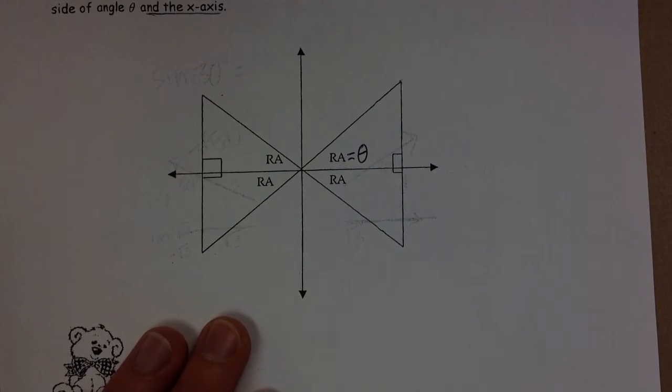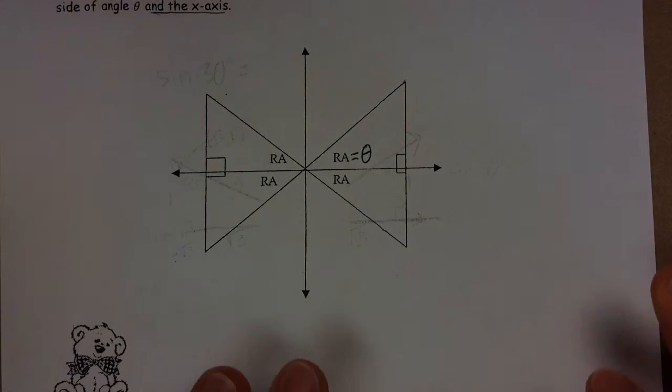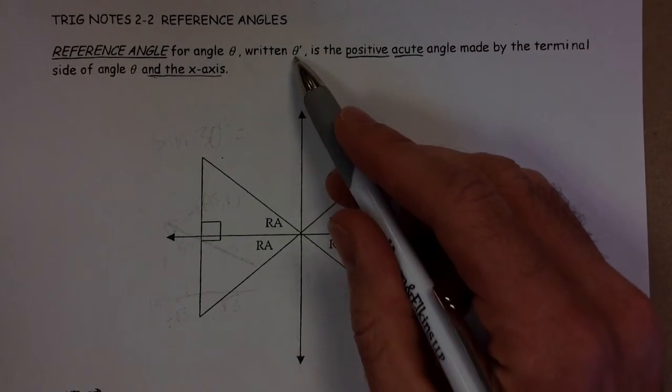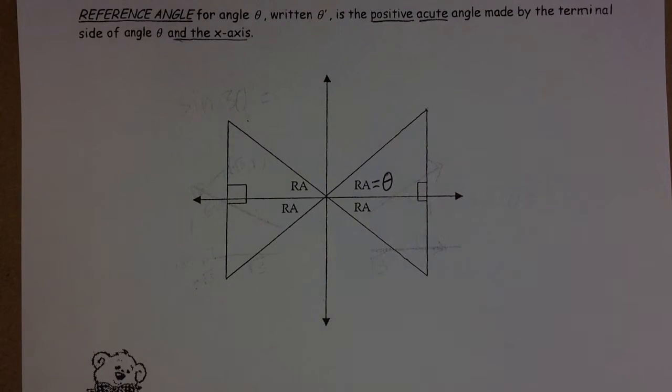I'll ask a volunteer. What do you think the reference angle is if your angle is in the second quadrant? Good guess. Well, it's always theta prime. That's the symbol that we're going to use for the reference angle. So try again.